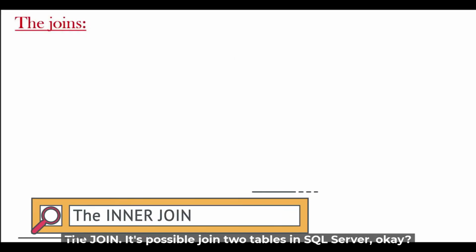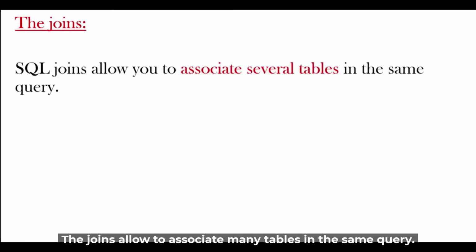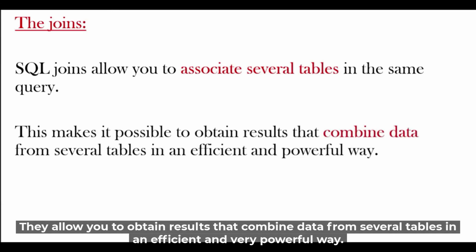It's possible to join two tables between them in SQL Server. The joins allow you to associate many tables in the same query. They allow you to obtain results that combine data from several tables in an efficient and very powerful way.